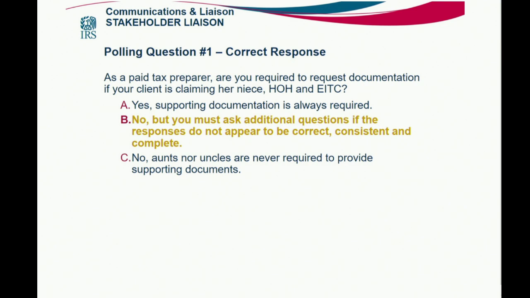If not, and you feel uncomfortable about your client's responses, as I'm sure some of you here today may have done in the past, you may want to let your client know that you cannot prepare their return until you're comfortable that they are indeed entitled to the credit. As I said before, there's nowhere in the code or regulations that require documentation from the clients.